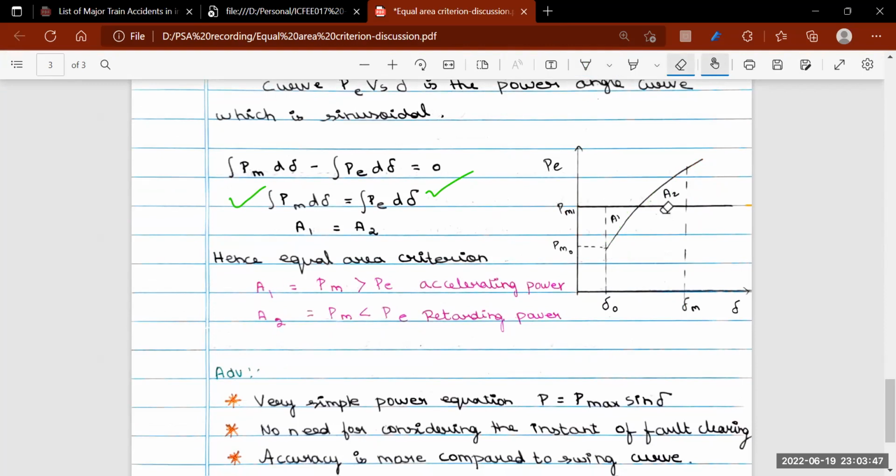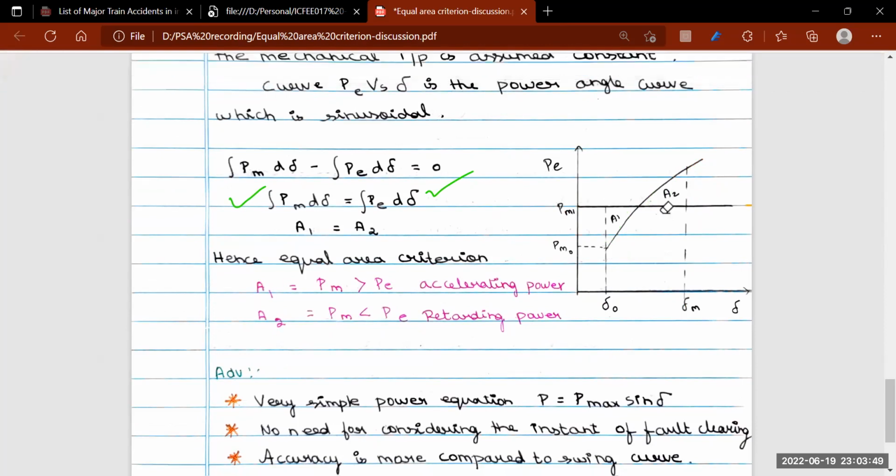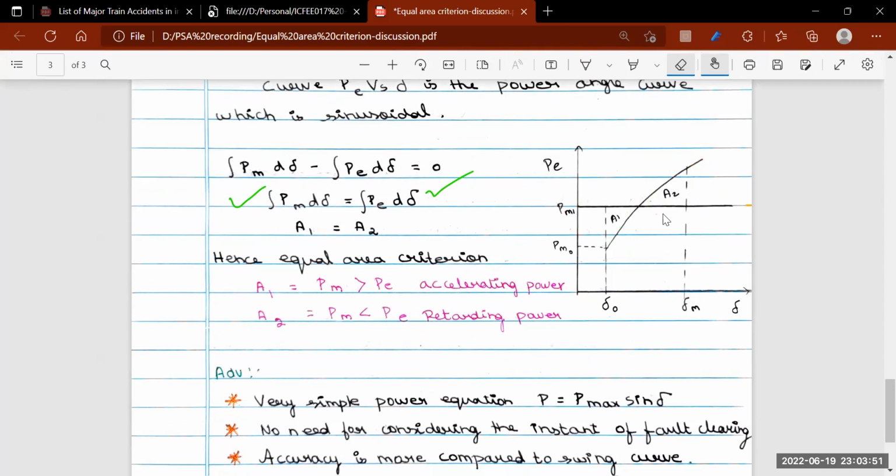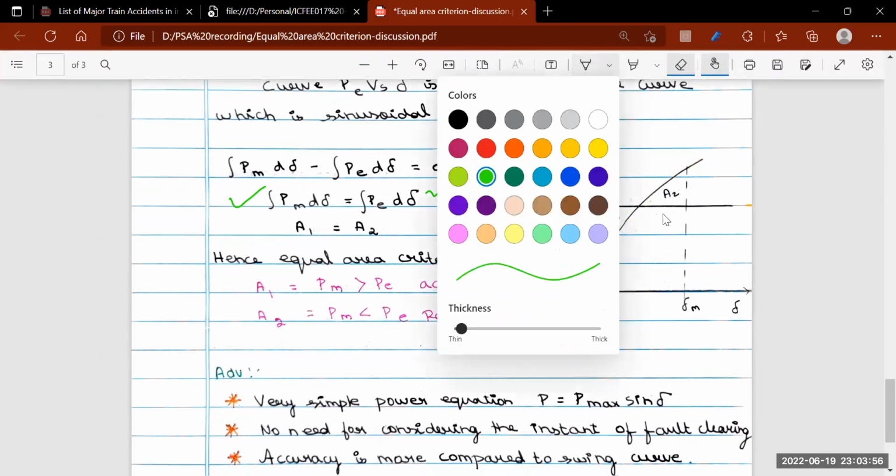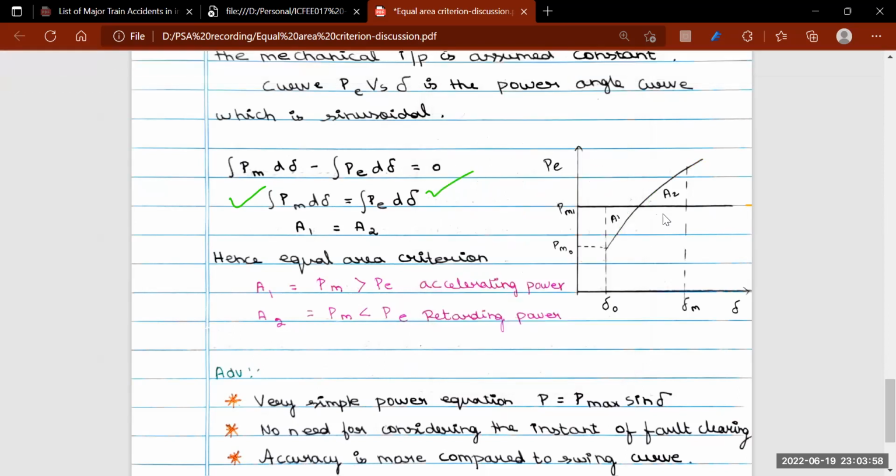Okay, so for this area A1, this is my starting point, and this is the area.